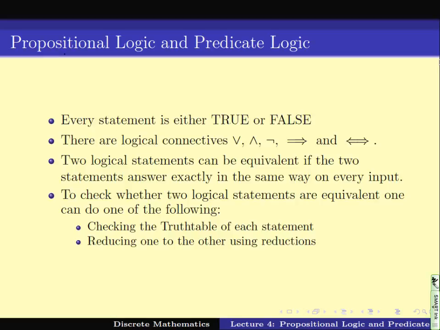We say that two logical statements are equivalent if the statements are identical for all inputs. To check the equivalence of two statements, we would either check by writing the truth table of both of them or by reducing one to the other using a set of rules, the rules that we have just discussed.